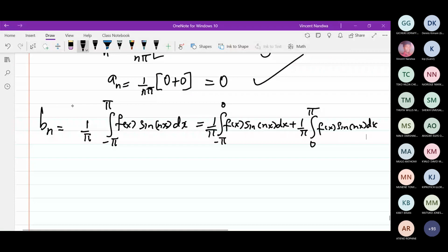So that is the substitution. And of these two integrals, which one is easier to compute?